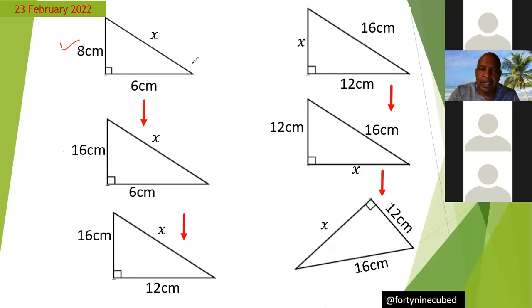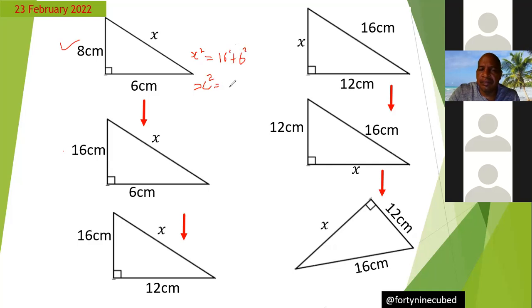The formula, just write the formula. I have x squared is equal to 16 centimeters squared plus 6 centimeters squared. All right, good.